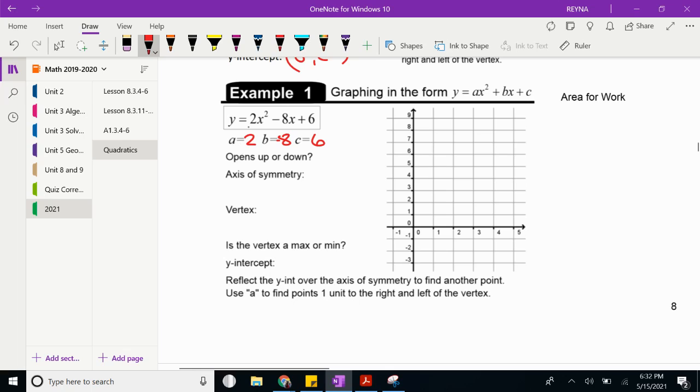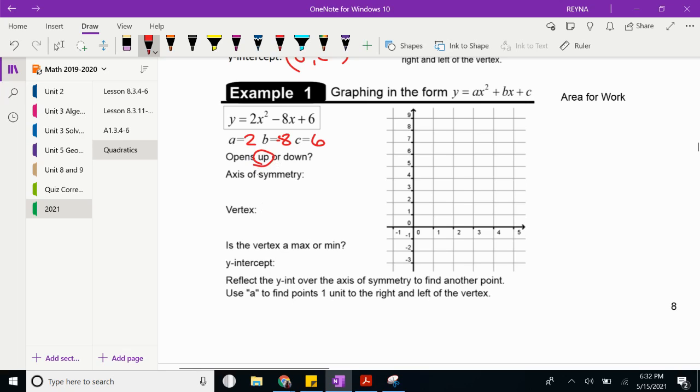So it says, okay, is this parabola going to open up or down? So if my A is positive, it will open up. If my A is negative, it will open down. What do you guys think is going to happen for this parabola? Well, A is positive, so that means it's going to open up.